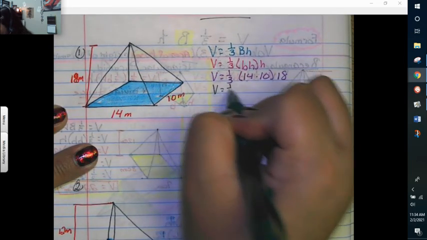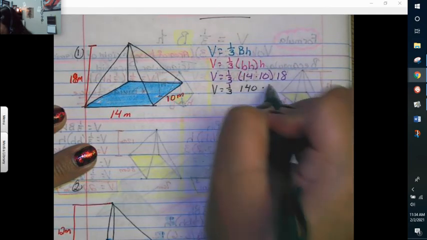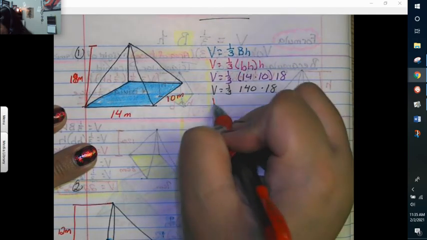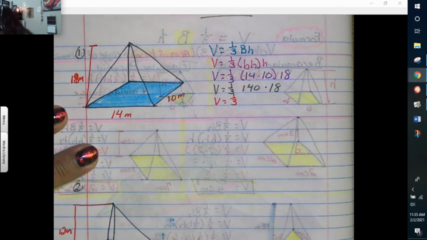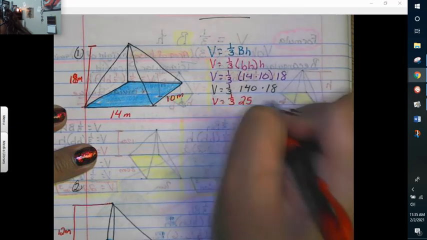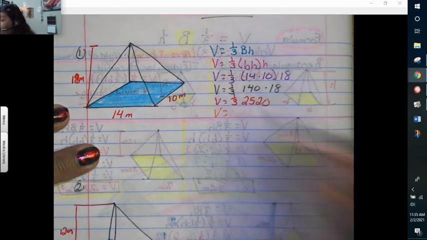I know I can't do 14 divided by 3, so I'm going to do 14 times 10 is 140. Okay, cannot divide by 3 yet either, so I'm going to do 140 times 18, 2520. And then now I have to divide by 3.